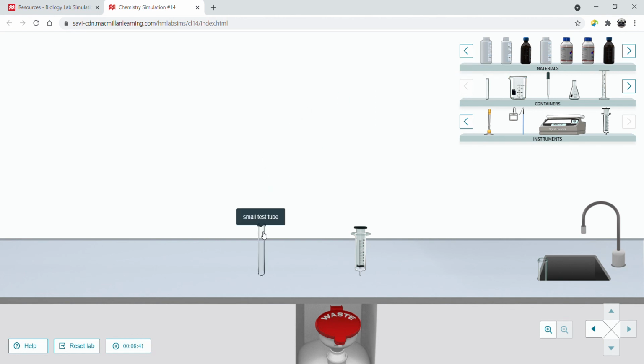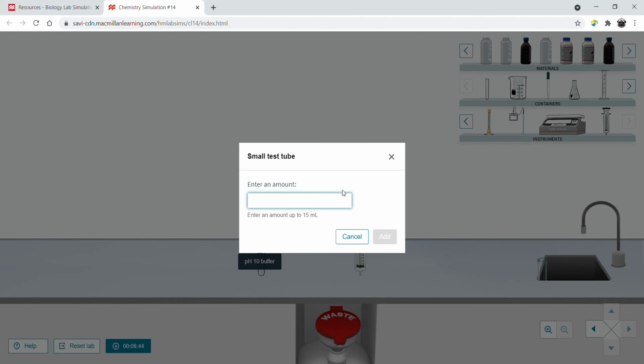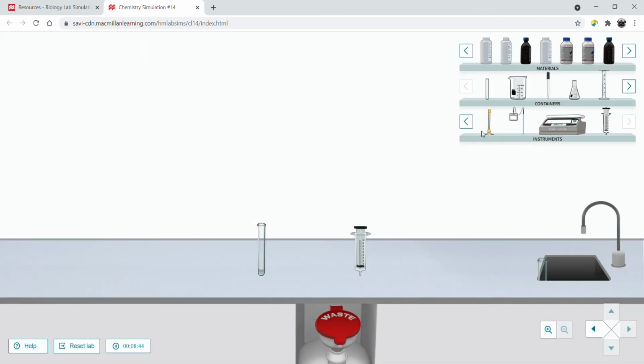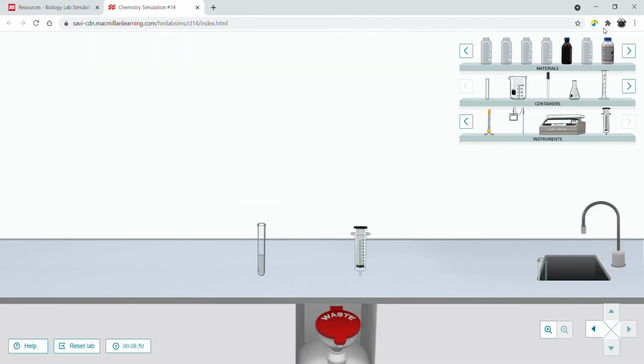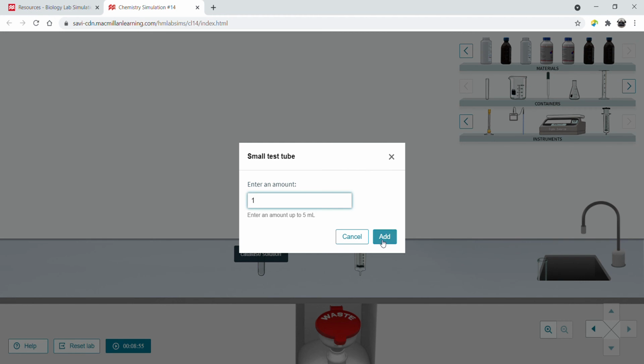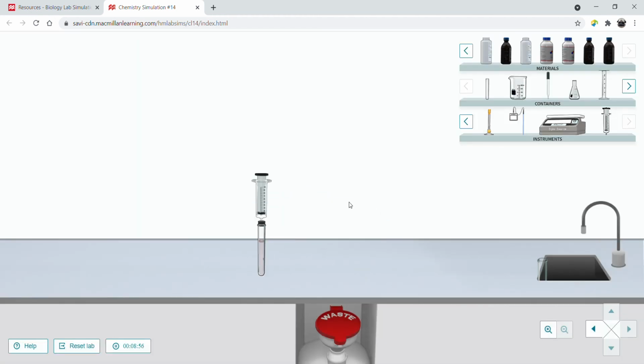Okay. Now we're going to test the regimen of pH 10. So let's put the buffer in. Get our peroxide. All right, and are we ready? And we're ready, and get in there. Okay.